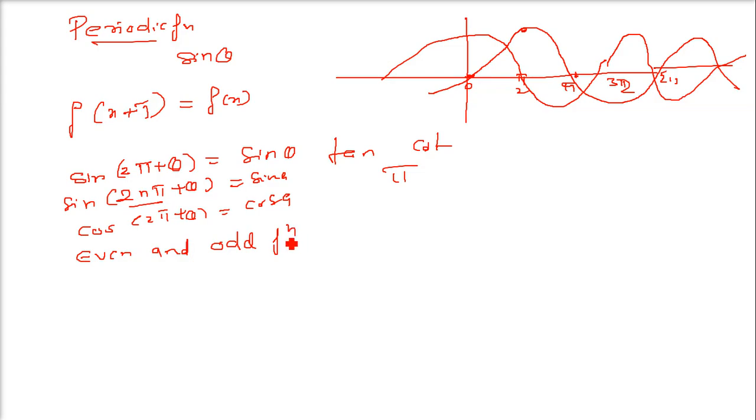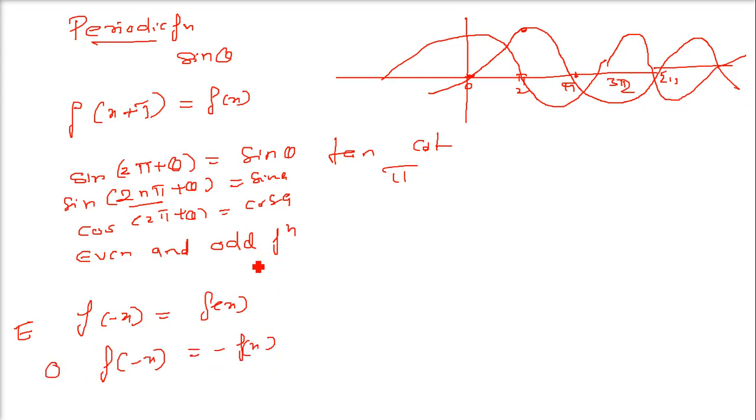So what are these even and odd functions? Say if you have f of x and you put a minus x here and you ultimately get f of x, this is an even function. If you put f of minus x, that means you put minus in all the places of x, and if you get minus f of x, that is, the function is there but you get a minus sign in front of it, this will be an odd function.